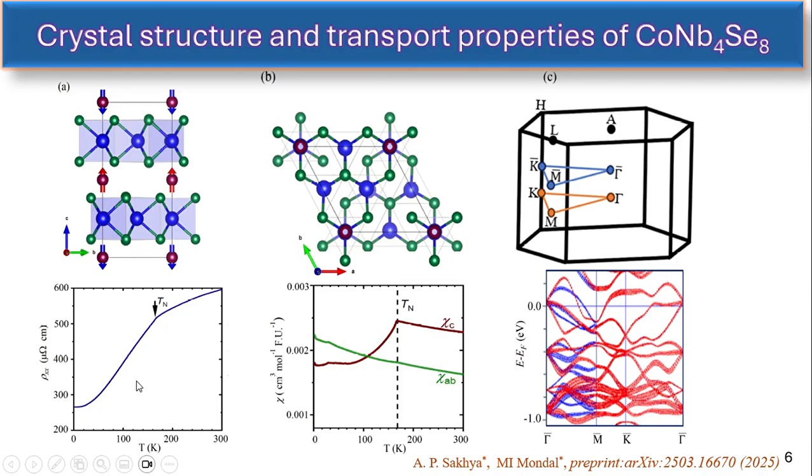In the resistivity measurement, we can see that resistivity increases with increasing temperature, which shows the metallic nature of this material. It also has a kink at around TN equal to 267 Kelvin, which is the transition temperature of CoNb4S8. This kink is also nicely present in the susceptibility measurement along the c-axis.